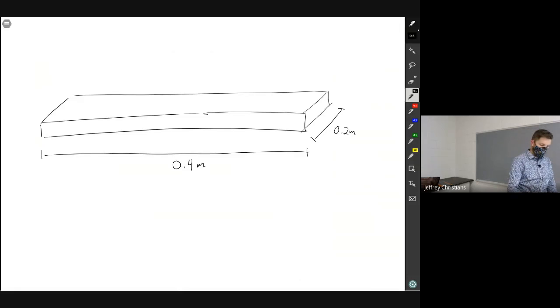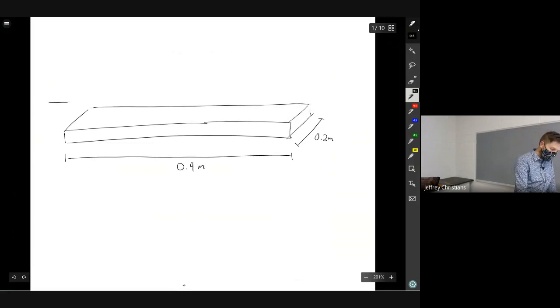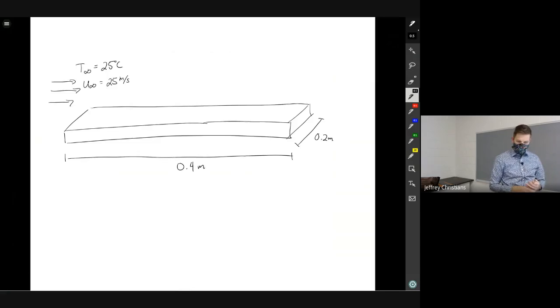And we had a gas flowing at T infinity of 25 C, at a velocity of 25 meters per second, and a pressure of 1 atmosphere.